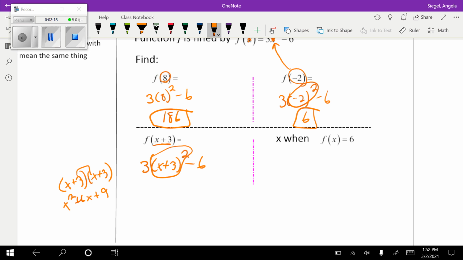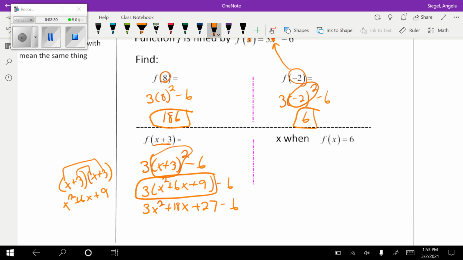I'm getting the 6x here because 3x plus 3x is 6x. Then I'm going to multiply that by 3. So I'm going to get 3x squared plus 18x plus 27 minus 6. So I have 3x squared plus 18x plus 21.